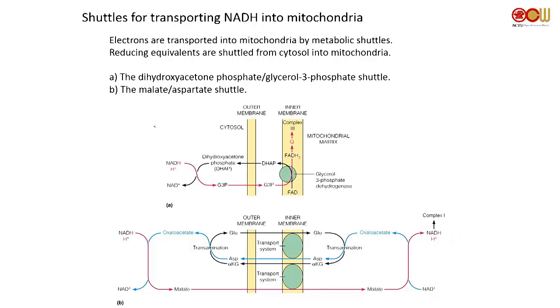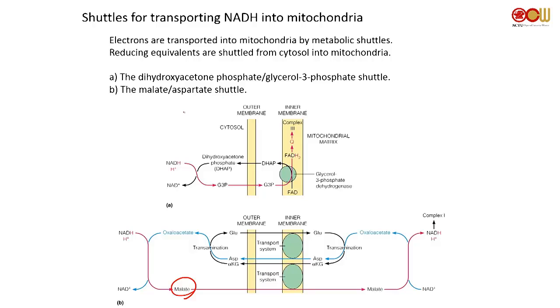I should have shown you this slide before we talked about the NADH shuttle, but there are two types of NADH shuttle. One is the one we talked about using malate, and the other uses glycerol 3-phosphate.